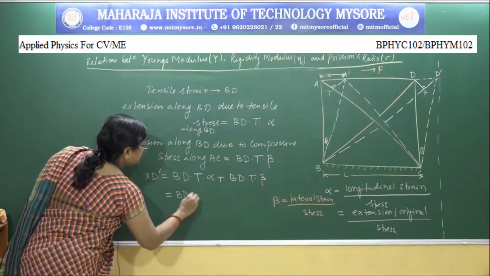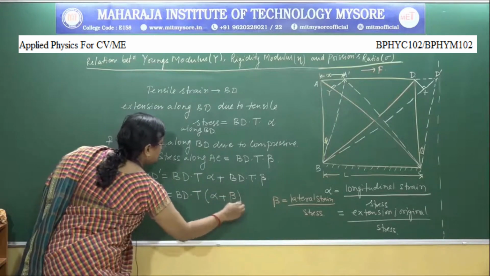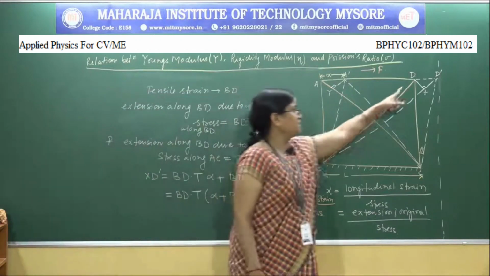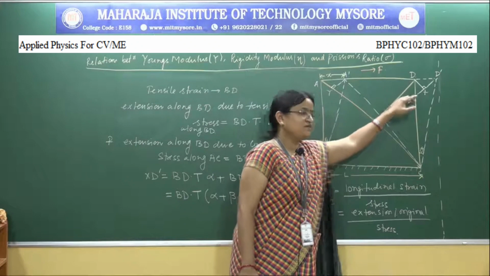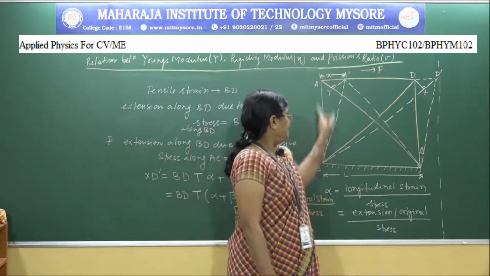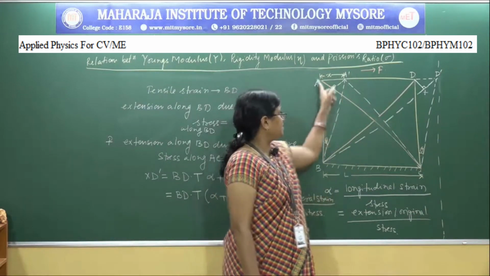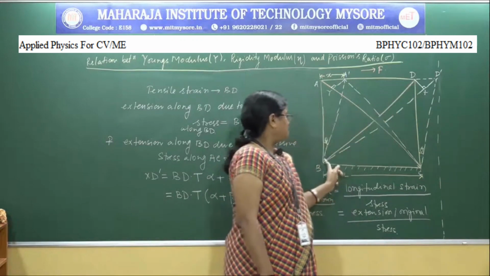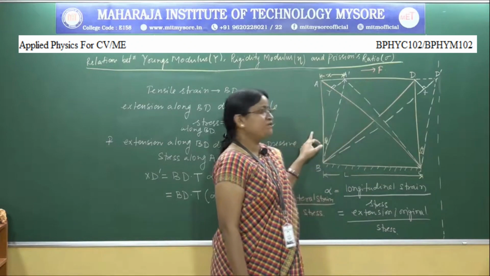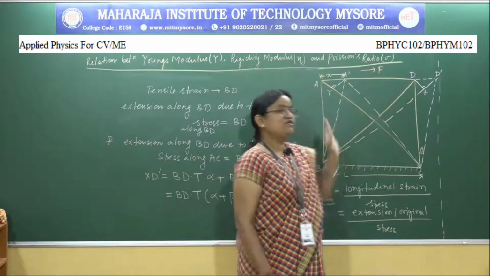BD and T are common, so BD T into alpha plus beta, and BD is the diagonal. The length of the diagonal we can find using Pythagoras theorem, as BAD is a right angle triangle. So AB square plus AD square equals BD square. BD square equals L square plus L square, that is 2L square. So BD equals root 2 L.